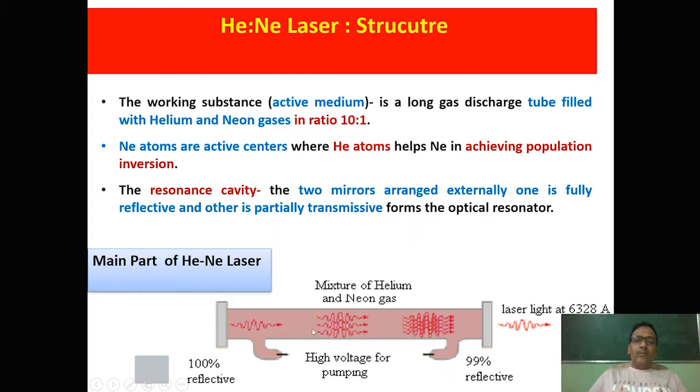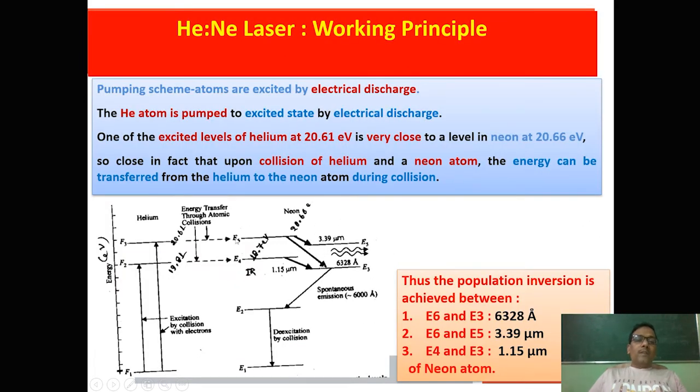In between, when these electrons collide with helium and neon atoms, energy is transferred from the electrons to the helium and neon, and they move from one energy level to another. So the pumping process is simple. It is mainly because of the elastic collision of electrons with helium and neon atoms. So this is the four level system.